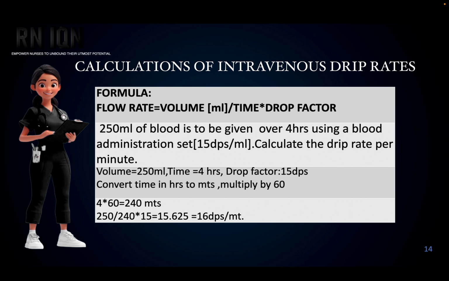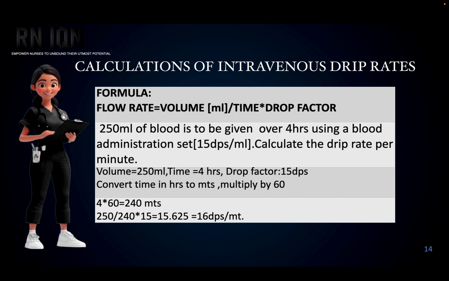The formula says, to calculate the flow rate, find the volume in ml divided by time in minutes, multiplied by drop factor. So you have to convert the time in hours to minutes by multiplying by 60. So 4 into 60, that is 240 minutes.